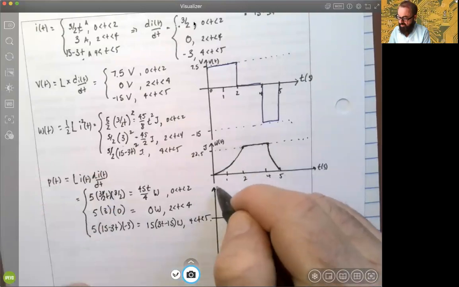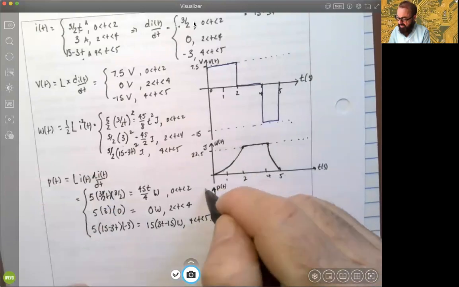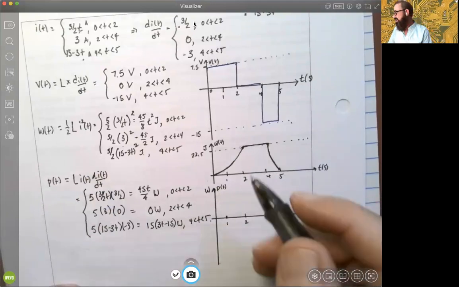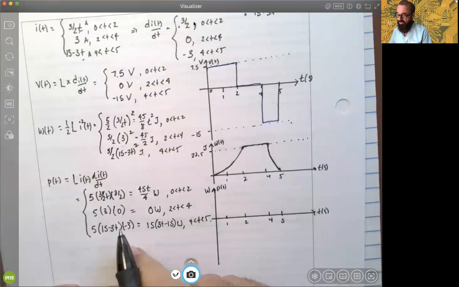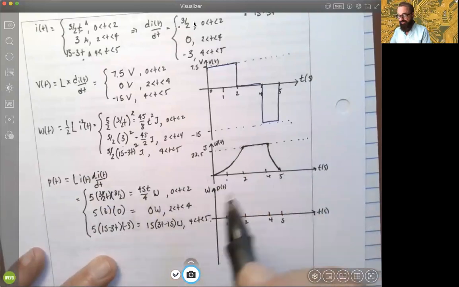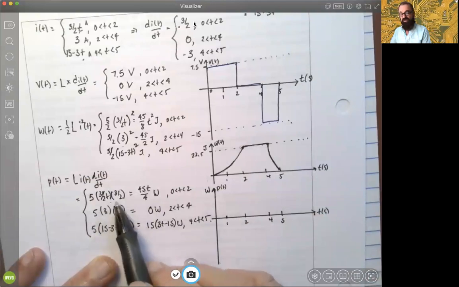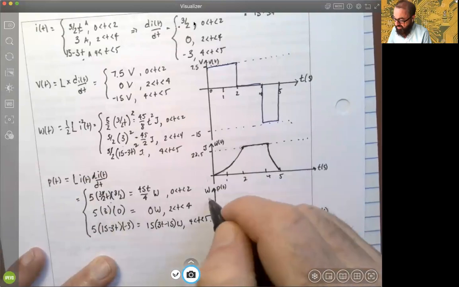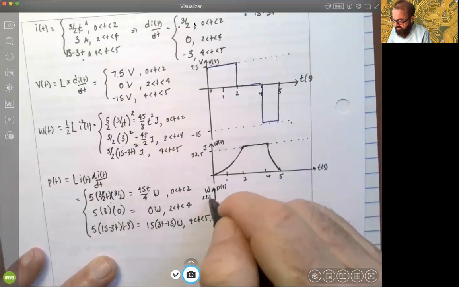We're drawing the power function and the scale as watts, okay? So what happens here is the peak, if you start ramping up to 2 and you plug in 2 and see what happens. In this first part of the function, you plug in 2, it'll come out to, interestingly, 22.5 watts.